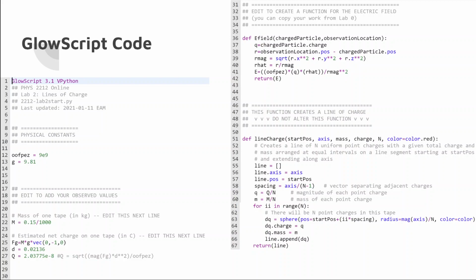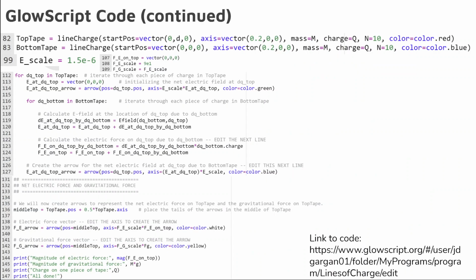The next lines of code establish the dQs for the top tape and calculate their electric field and electric force contributions to the total electric field and electric force. The last few lines of code create the electric force and force of gravity arrows and print the magnitudes of the electric and gravitational forces and the charge on a piece of tape.